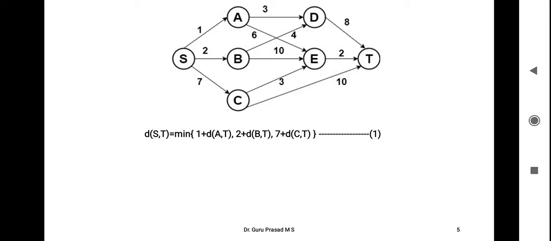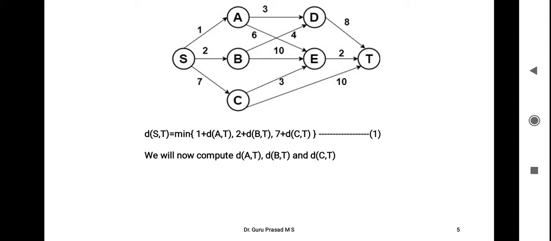Distance of S to T equals minimum of 1 plus d of A comma T, 2 plus d of B comma T, 7 plus d of C comma T. Here 1 indicates the edge weight from S to A, 2 indicates the edge weight from S to B, and 7 indicates the edge weight from S to C.